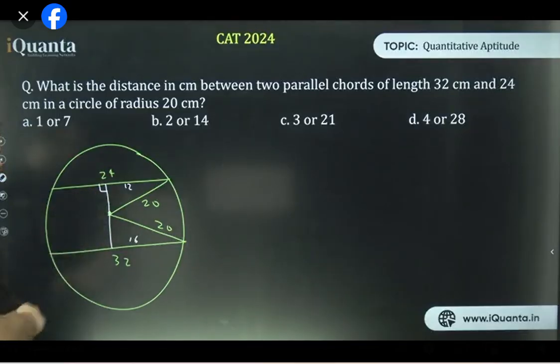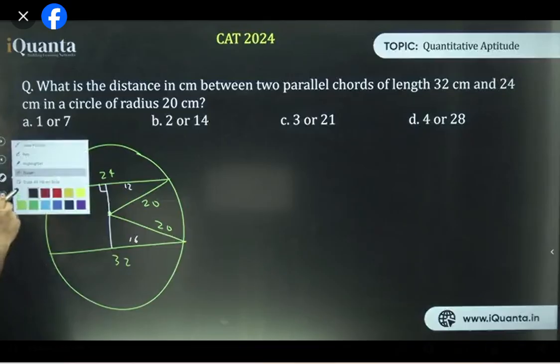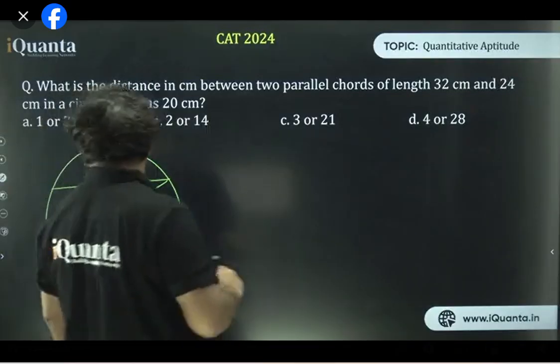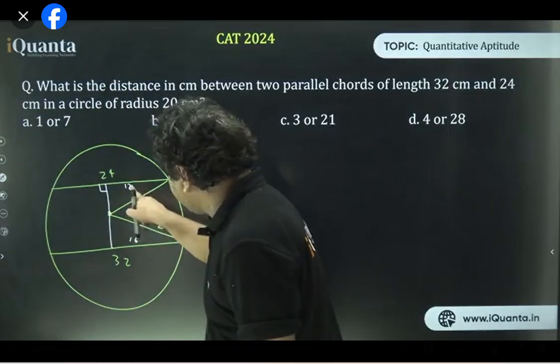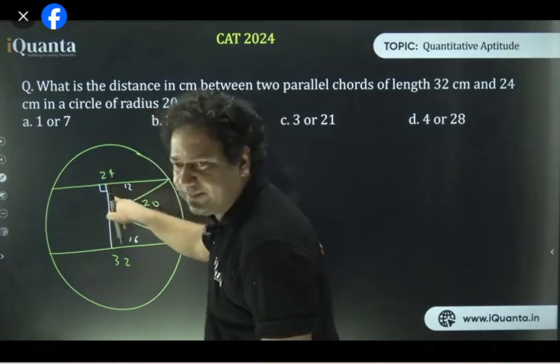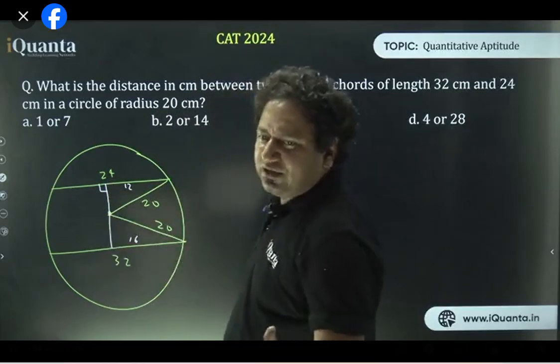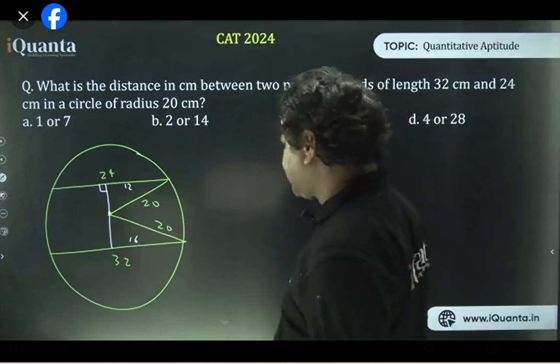Now you can find this value, isn't it? By using triplets, can we do that? In this triangle, 12, 20, what will the value of this be? We can use Pythagoras, or Pythagorean triplets, exactly Tathagat.